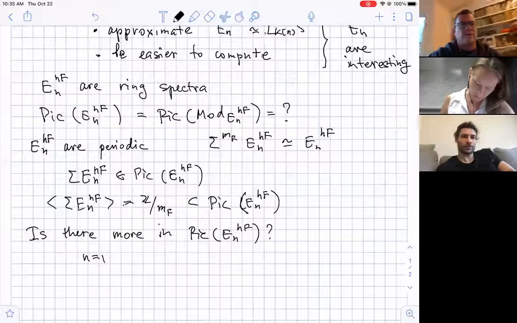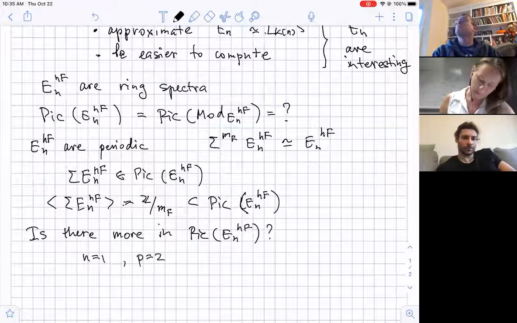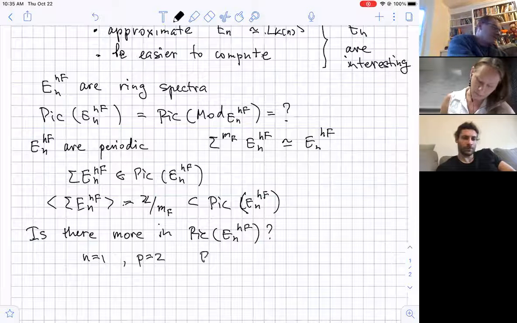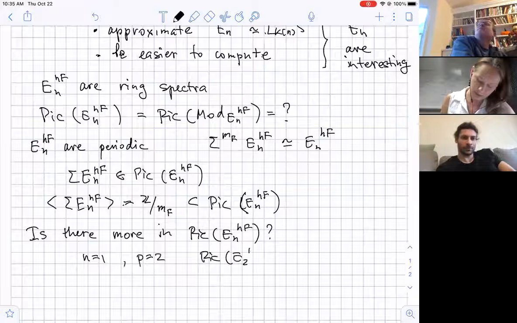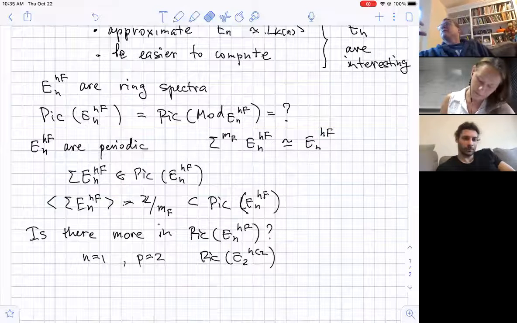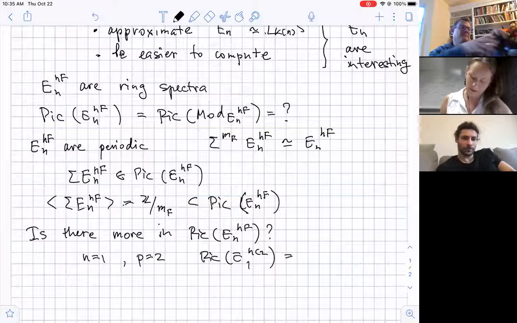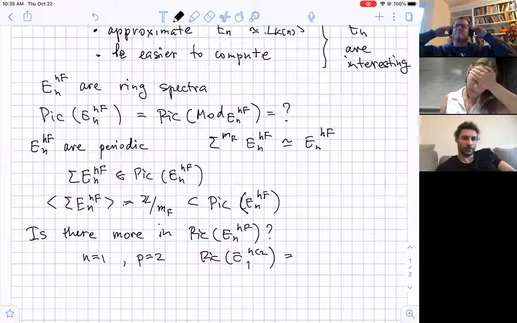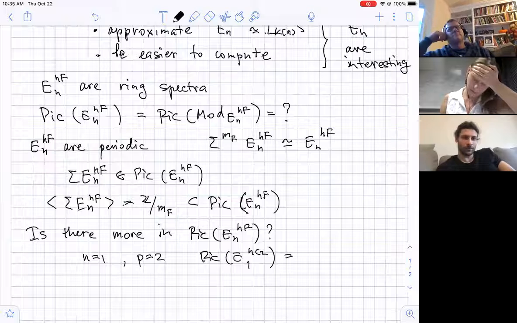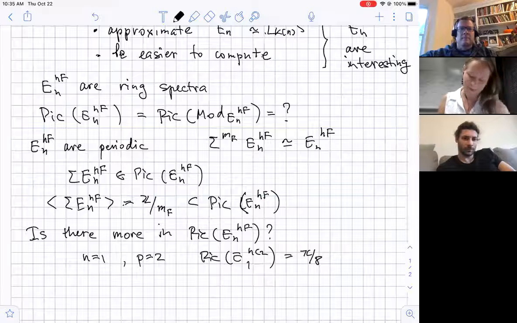If n is 1, there is an interesting subgroup only at prime 2. Pic of E_1 is just generated by suspension. But actually I don't want to write all the orders. How about this?